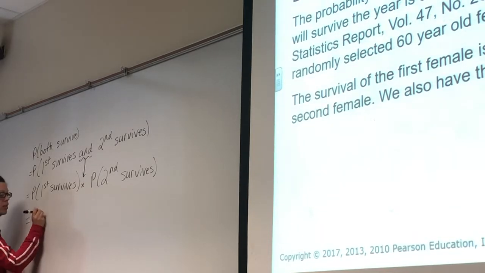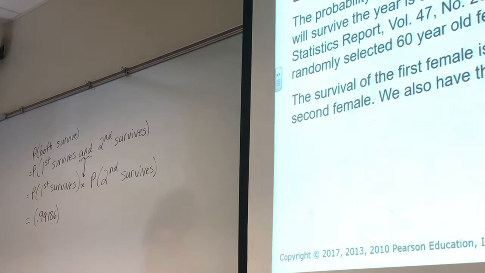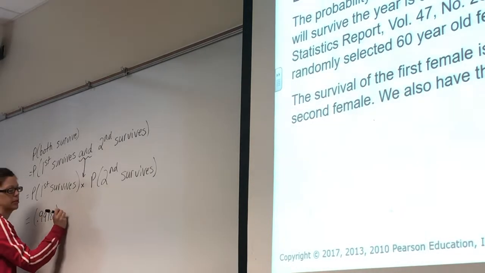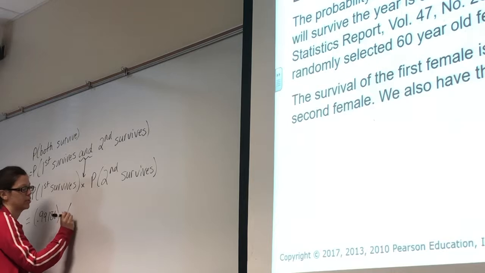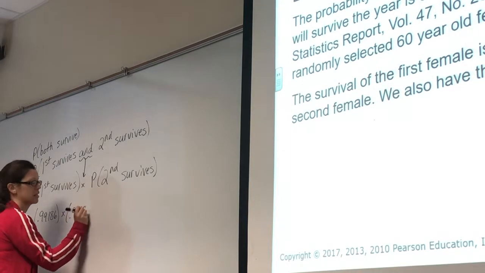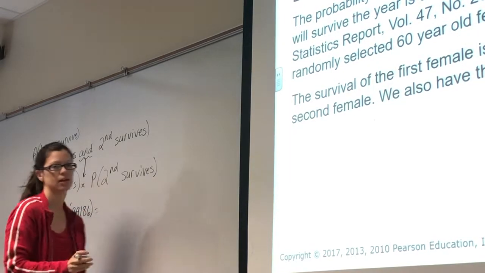But we're going to write it as 0.99186, because we don't want to deal with percents, we want to deal with decimals. So we're going to write that as a decimal, and then the second one, it's the same probability, it's still 99.186%, so we're still going to have 0.99186, and we're going to multiply those two things together.